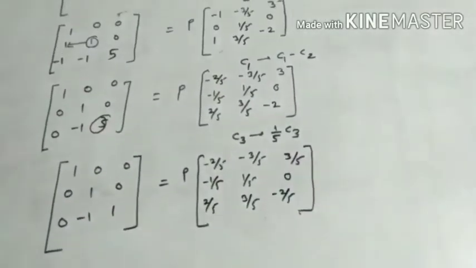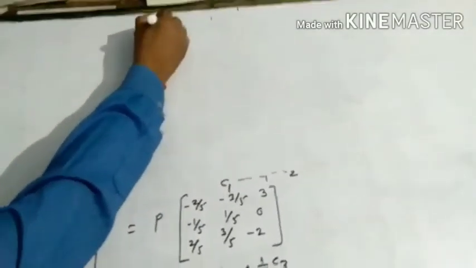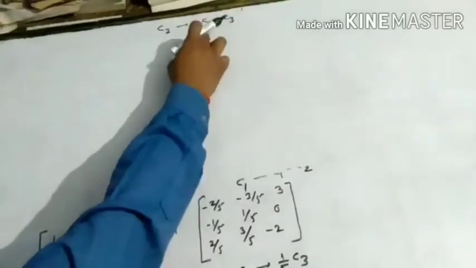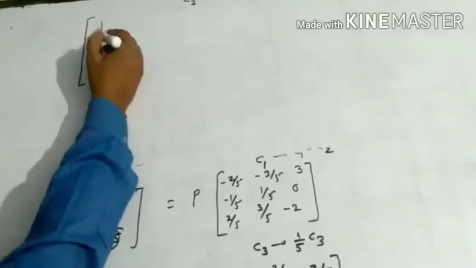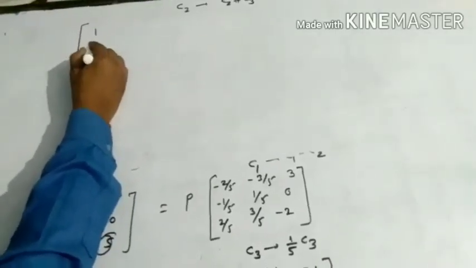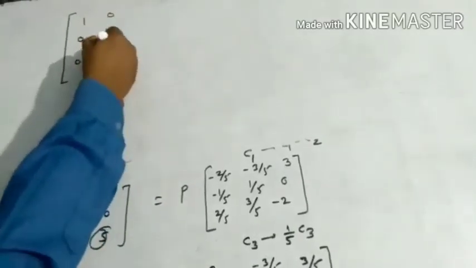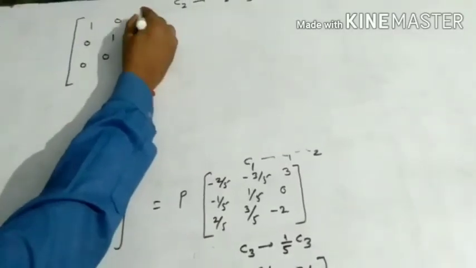Now after that we are going to apply this column operation, C2 plus C3, meaning the second and third column we are going to add. So what we will get: 1, here this is the 0, 0, and here 0, 1, and then this becomes 0, and here this is the 0, 0, 1.